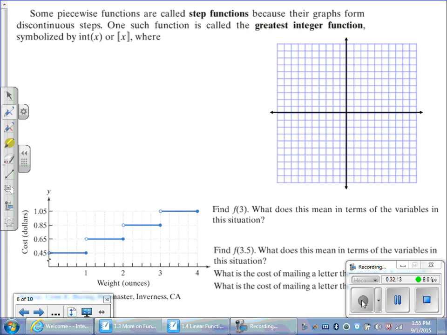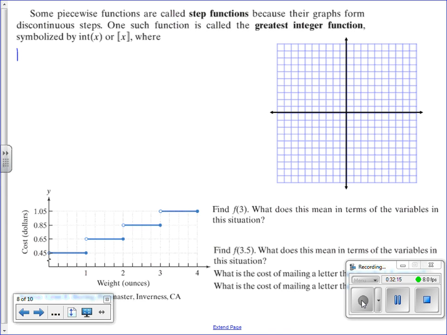So whenever you have a function like the greatest integer of x, please write this down, all of you.